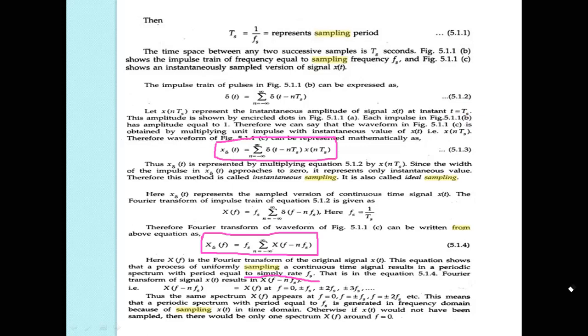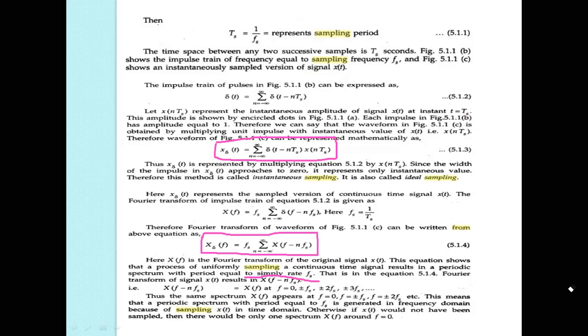Otherwise, if x of t had not been sampled, there would be only one spectrum X of f around f equal to 0. Okay, my dear students, because of the sampling only, there is a periodic signal.